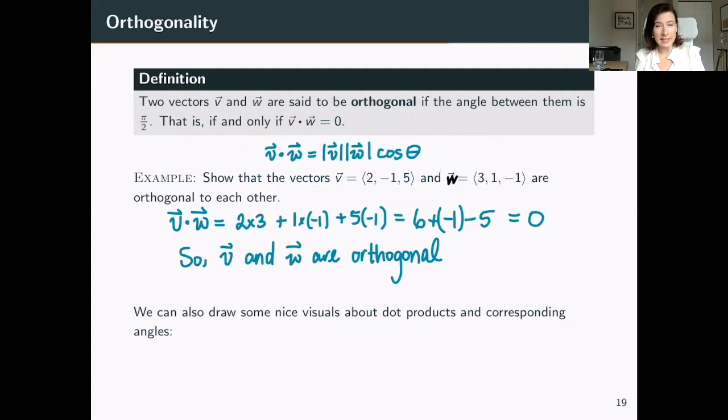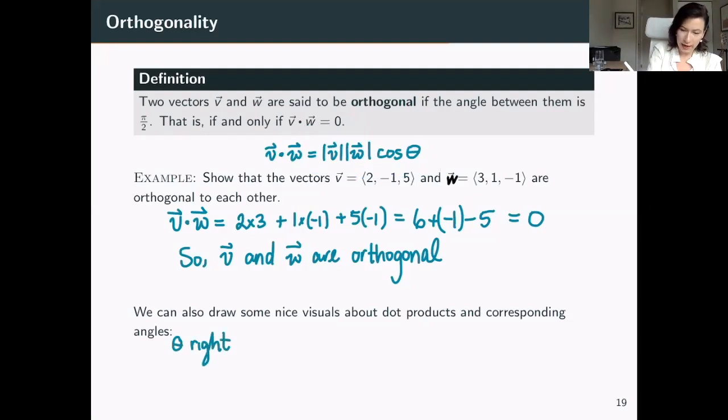While it's really easy to relate the dot product to orthogonal vectors, it's just as easy to relate the dot product to acute and obtuse angles between two vectors V and W. Let's go ahead and draw some pictures to see how that works out. We already know what happens when theta is a right angle. So if theta is a right angle, we can draw the following visual.